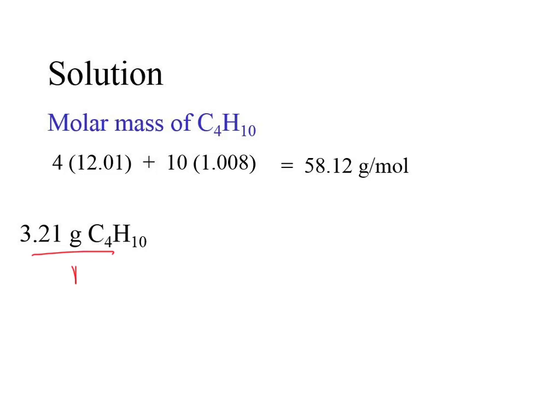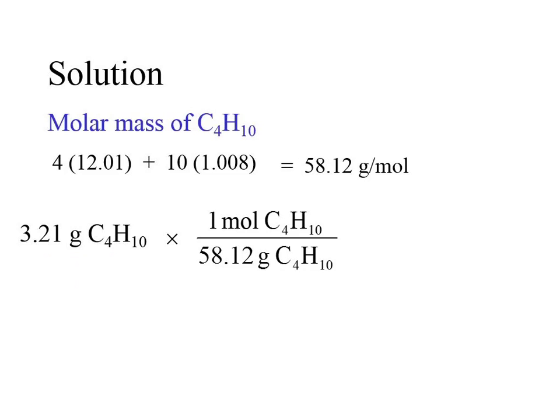Set it up like this and just let units cancel. So how many people think we're going to leave it not flipped? How many people think we're going to flip the molar mass? Me too. So flipping the molar mass, it looks like this. You don't have to write the formula of the compound if you don't want to. The first term is 3.21 grams over 1. The second term, 1 mole over 58.12 grams. Now our grams cancel, we're left with moles.